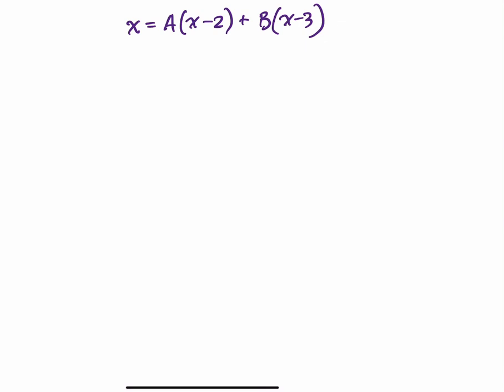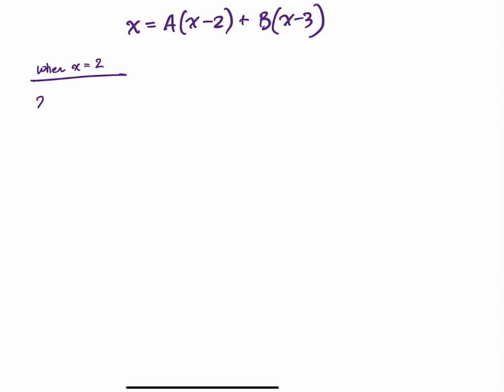So if this is an identity, if this is true, if these are equal to each other, it must be true for all values of x, which means that we can choose some particular values of x that might cancel out one of our unknowns, a or b, and allow us to solve for the other one. For instance, notice if we plug in positive 2, that will essentially delete the a term and leave the b term. So I can say when x equals positive 2, let's plug that in for every value of x.